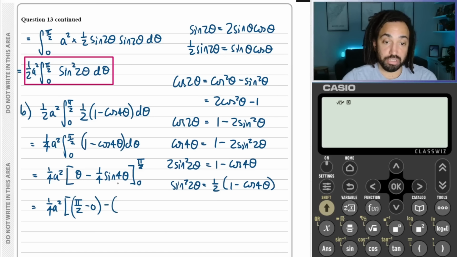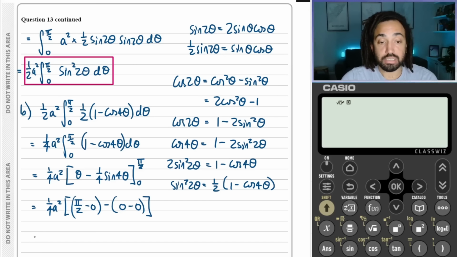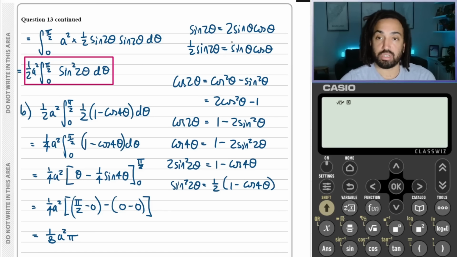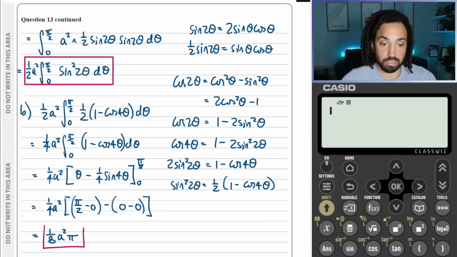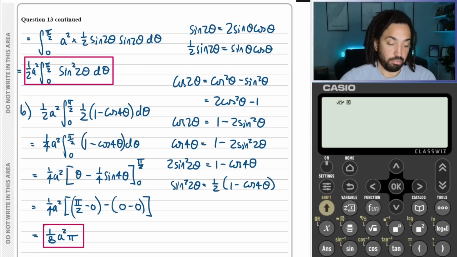And then when we sub in 0, we get 0, and sine of 0 is 0. So that's great. It looks to me like we just have pi over 2 times the constant outside, which is going to give us 1/8 a squared pi for our final answer. Perfect.